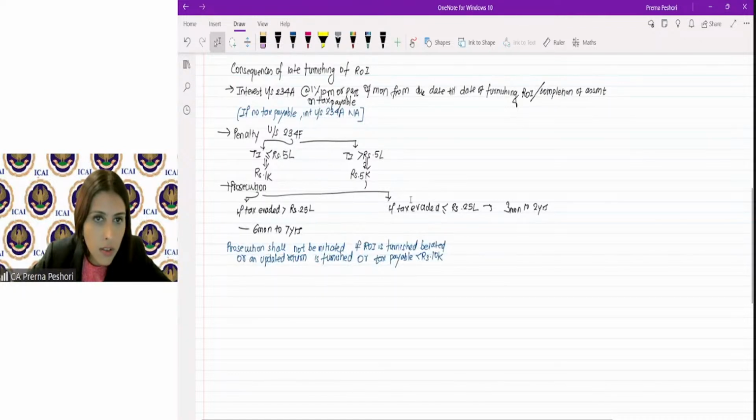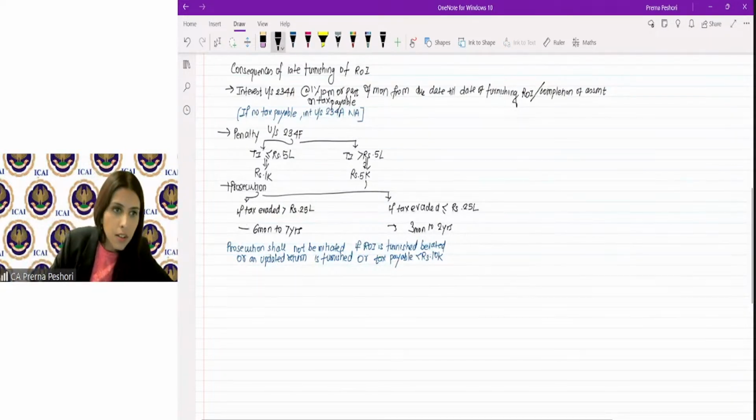Then it is 6 months to 7 years. And in this case, it is 3 months to 2 years. Okay? Fine. Yes or no? What are the other consequences?